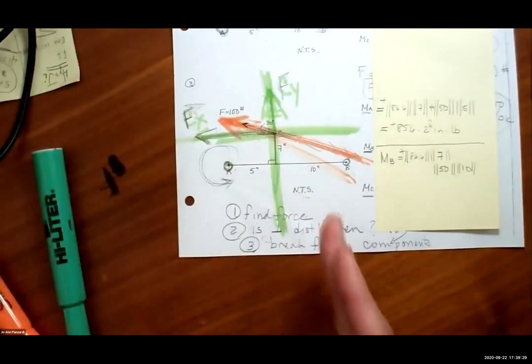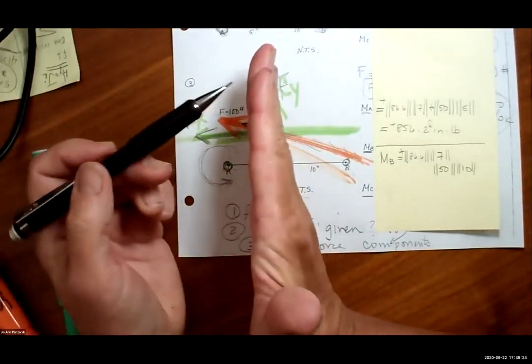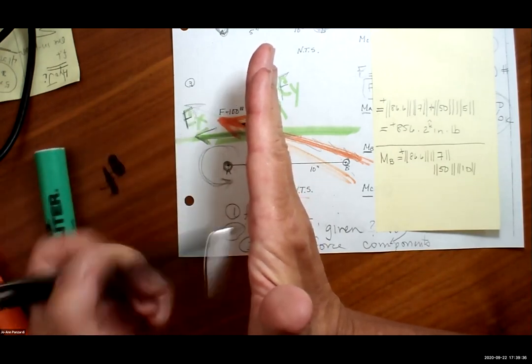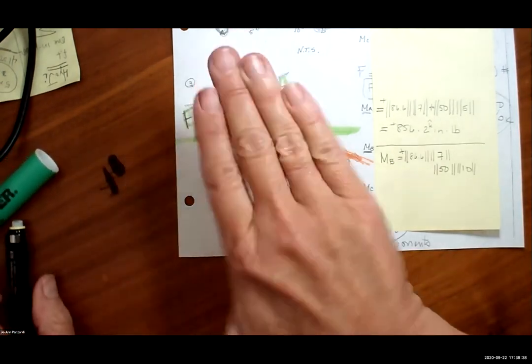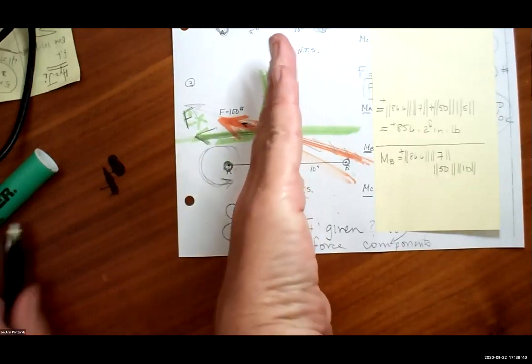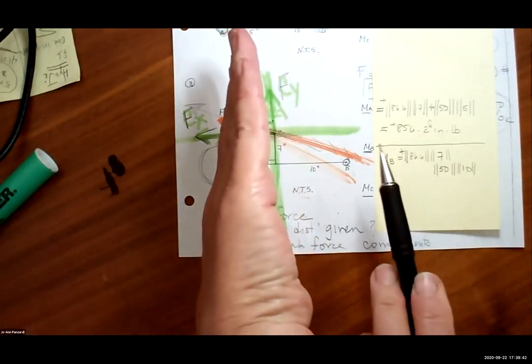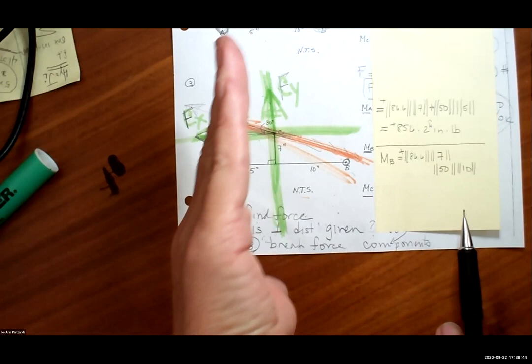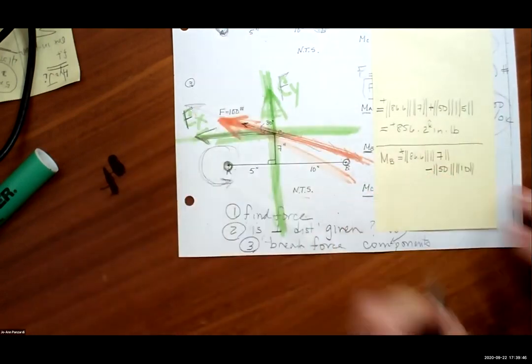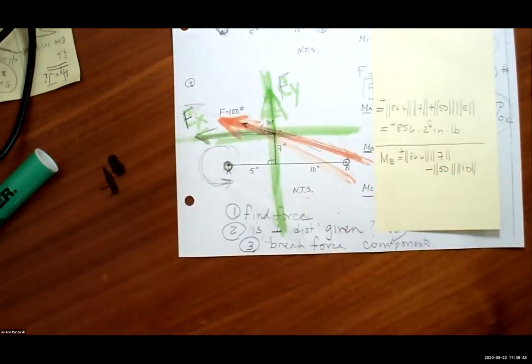Fingers. Everybody watch me. Look, eyes on my fingers. Fingers go in the direction of the force. My palm has to point to the point I'm finding the moment about. Here's B over here. My thumb is going into the page. It's negative. So everybody do that.